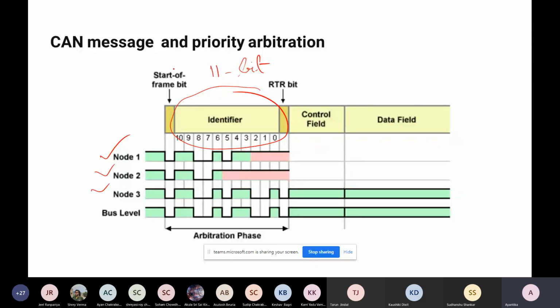Now the decision of priority, I mean to whom you will consider that it is of high priority and which one is of low priority, that is dependent on the dominant and recessive level of the bus or signal level.